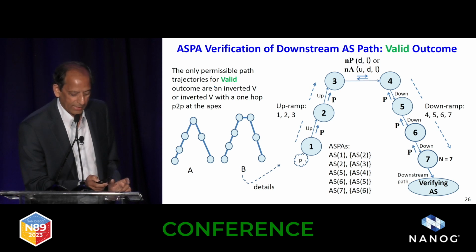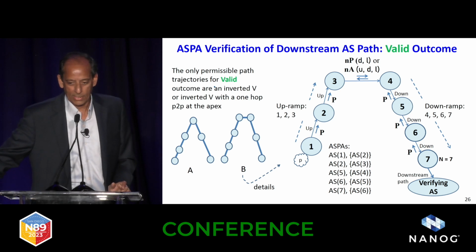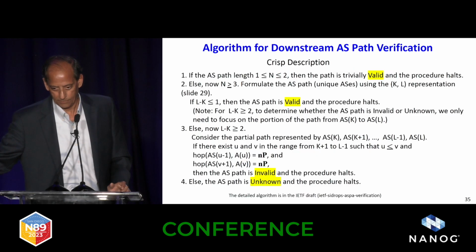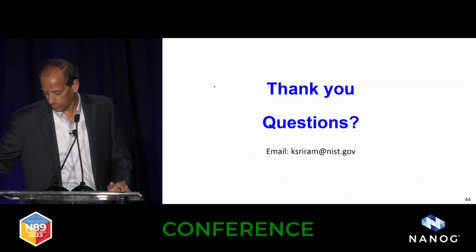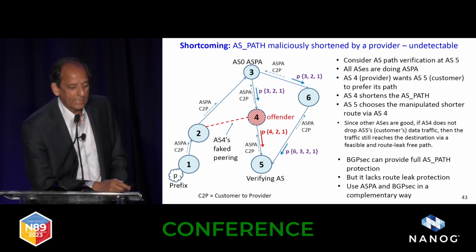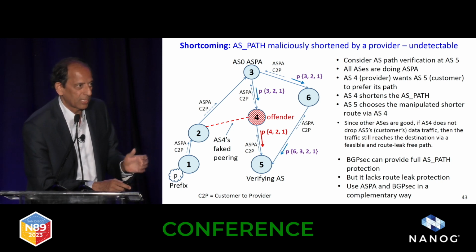Heading back to the slide we were on, that is part of the algorithm, and part of the definition of what is valid and what is a route leak. It turns out that in this case, 2 to 4, 4 is at liberty, unfortunately, to pretend that it is a lateral peer or a customer of 2. 2 has not included 4, which by default means that 4 is not a provider but a lateral peer or a customer, and that is allowed.